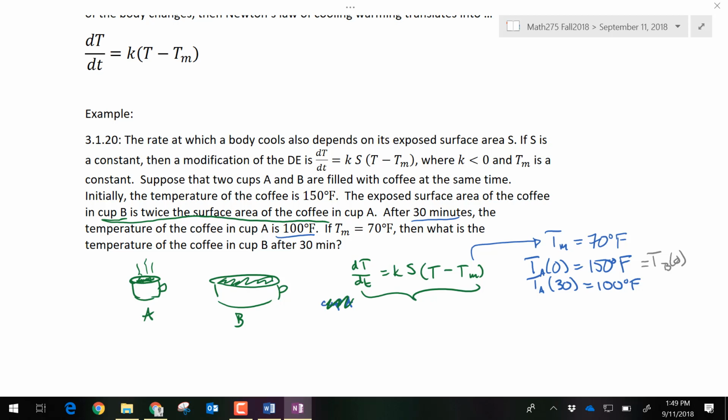It's first order. So is it linear? Is it separable? Is it exact? Is it integrating factor? Pretend it's the quiz and it's linear.